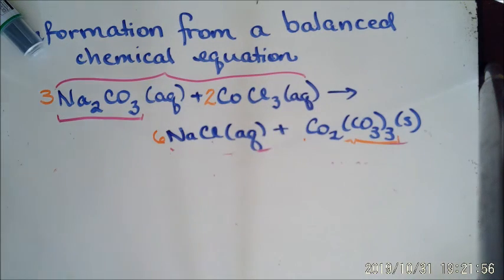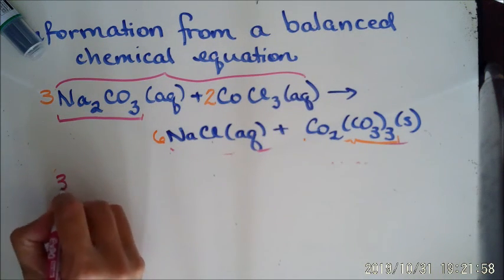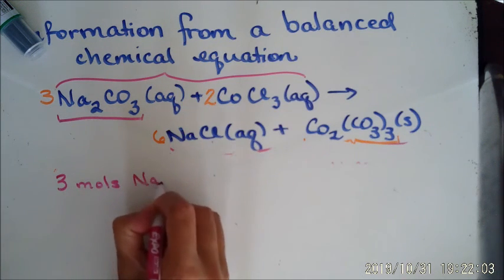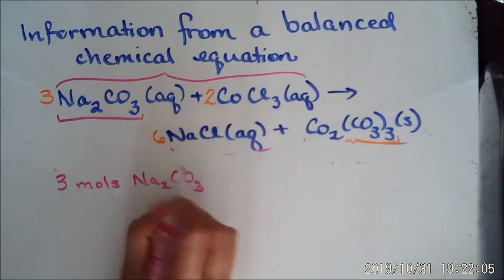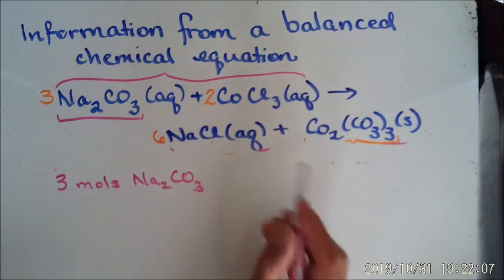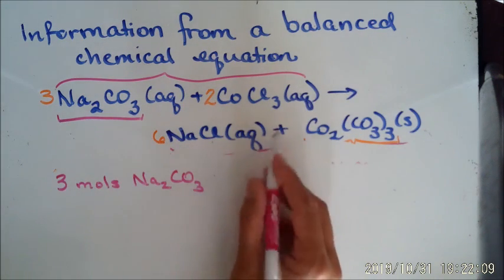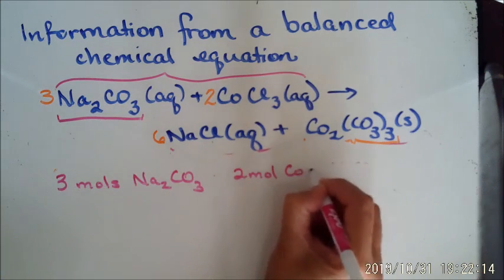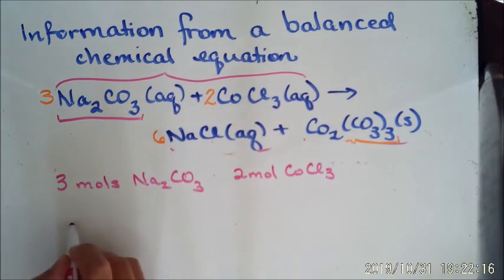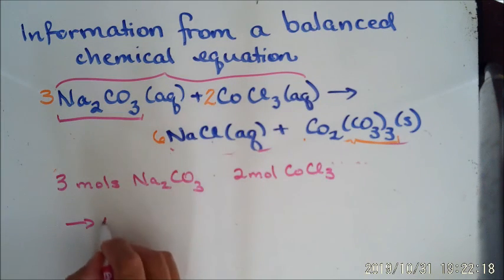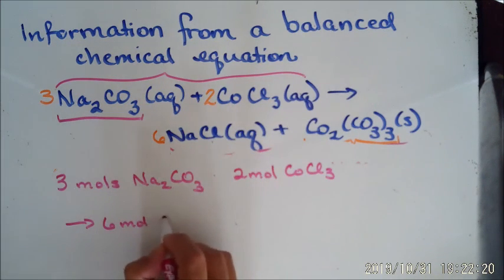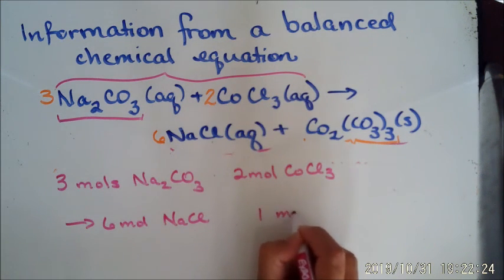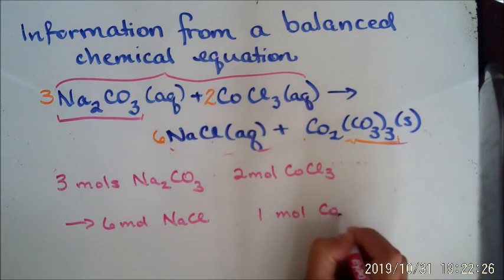Now the other thing is this though. If I have 3 moles of my sodium carbonate, then to completely react, I need 2 moles of cobalt-3 chloride. And what that produces is 6 moles of sodium chloride and 1 mole of my cobalt-3 carbonate.